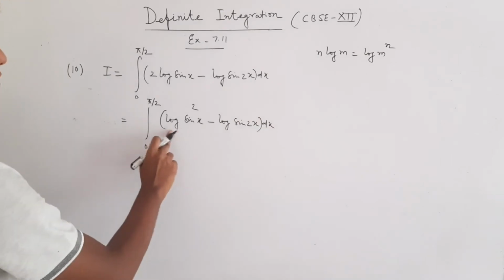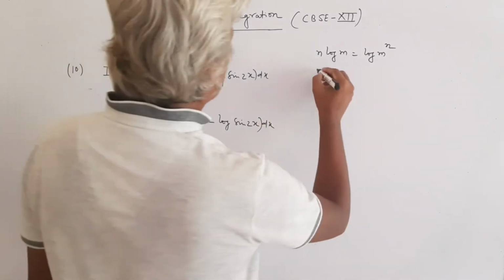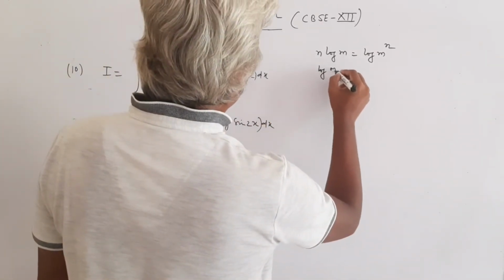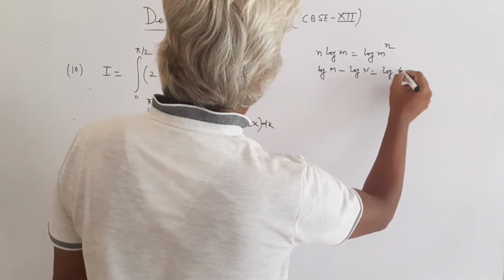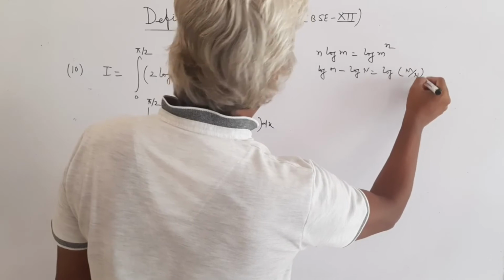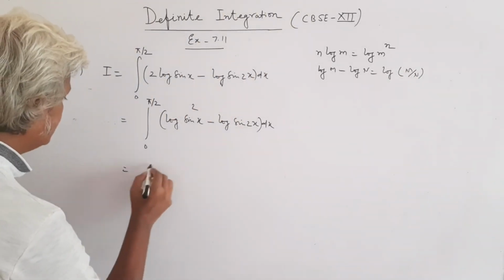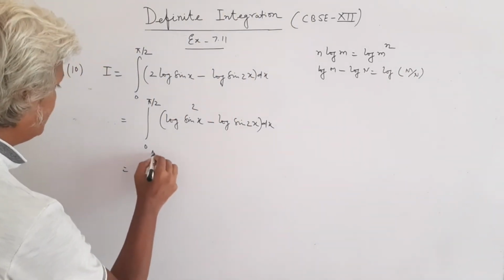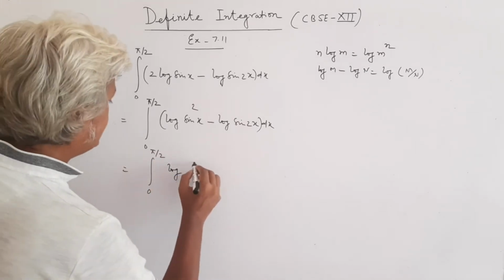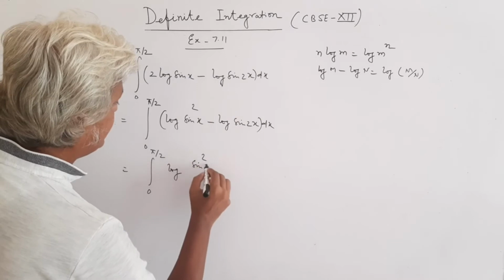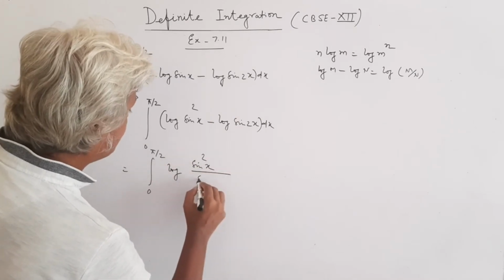Now this is in the form of log m minus log n. So log m minus log n is log m over n. So this becomes integral from 0 to pi by 2 of log (sin square x upon sin 2x).